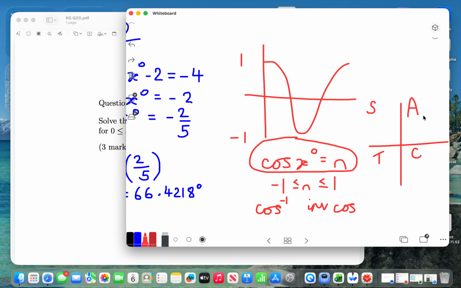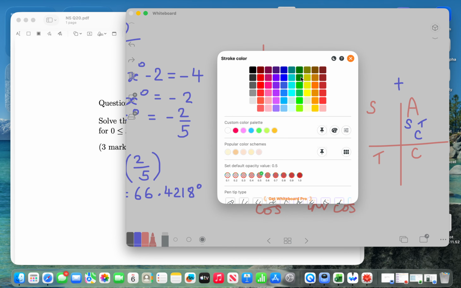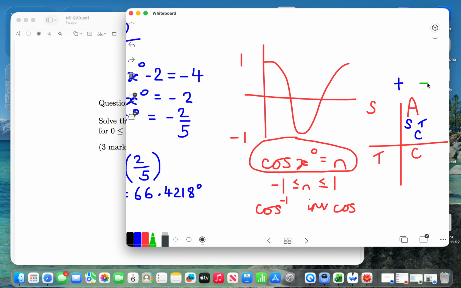And what this means is A stands for all. So this means that the sine, I'm going to do this in blue. So the sine is positive, the tan is positive, and the cosine is positive. If it's in blue, it's positive, and if it's in green, it's negative.